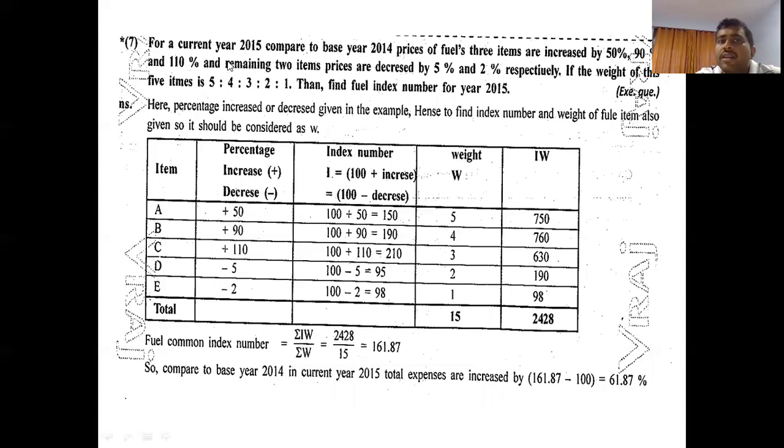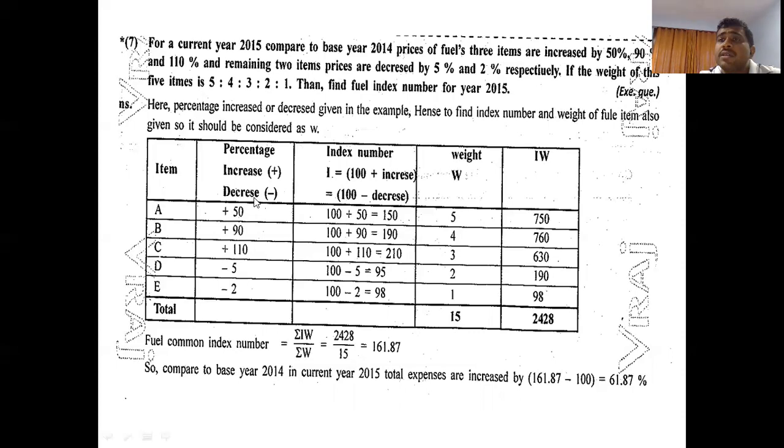For the current year 2015, compared to the base year 2014, the price of three items is increased by 50%. So friends, what comes into your mind when the word increase comes? Yes, we have to add it. You can see this particular column is given to us: percentage increase and percentage decrease.